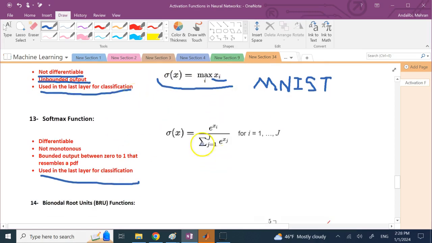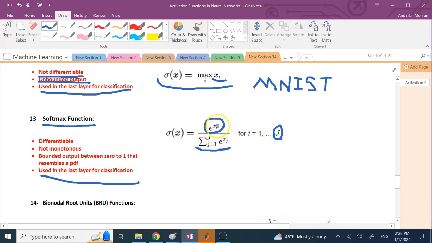So this is not the best way to pick a maximum. Another way that you might do it in a nicer, smoother way is a function called the Softmax function, where you get the exponential of each element in the input layer and divide it by the sum of these exponentials, right? So let's say the input to the last layer has j entries.